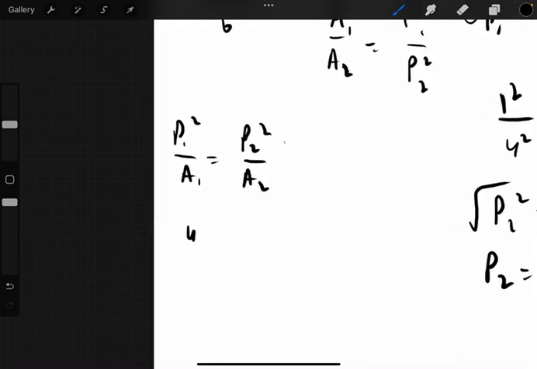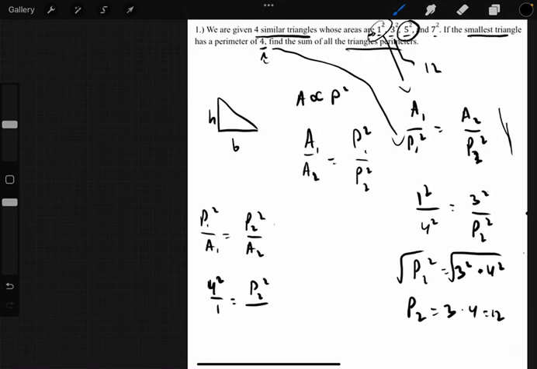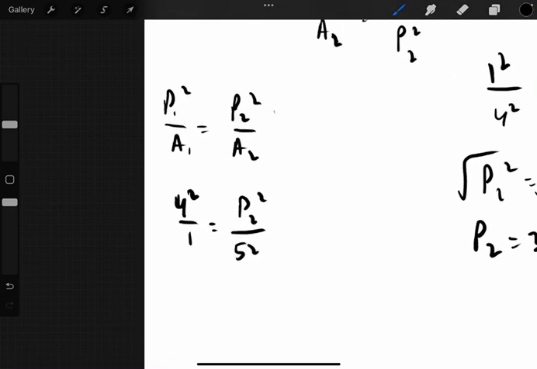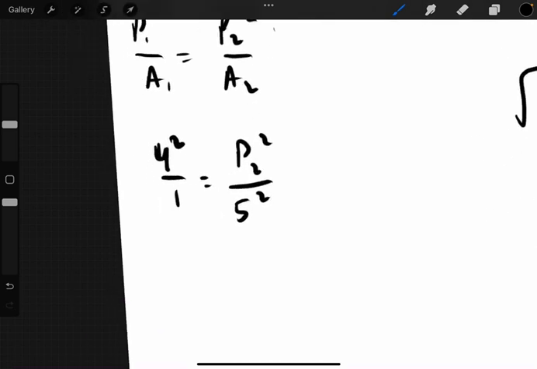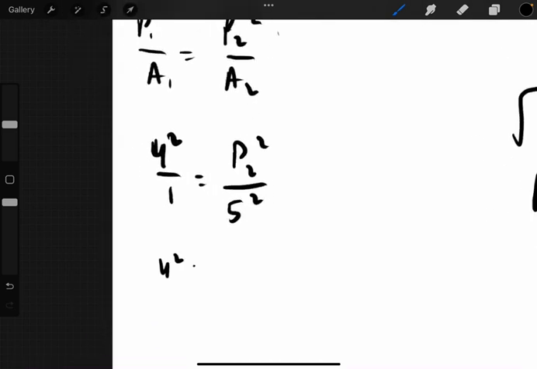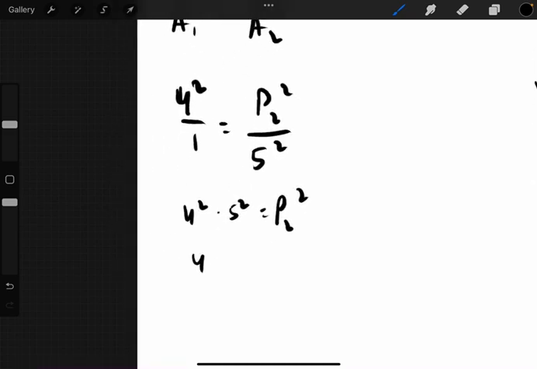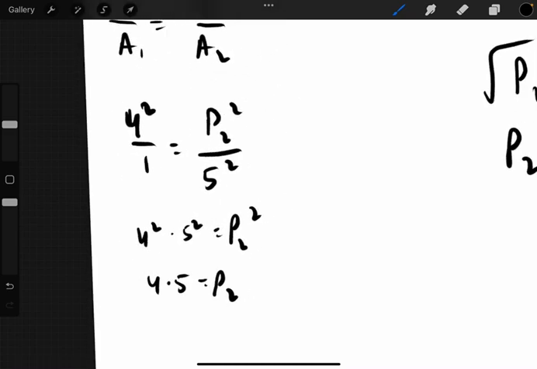So you get 4 squared over 1 equals, we are looking for P2 squared again, but now we're going to use area of 5 squared. Then you get 4 squared times 5 squared equals P2 squared, and 4 times 5 equals P2.